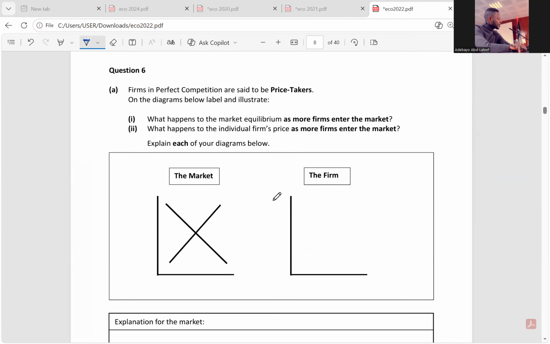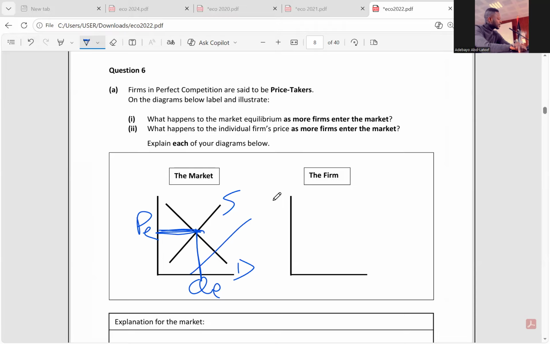As more firms enter the market, the supply curve will shift rightward. That's the first thing. So this is at equilibrium: PE, QE, demand, supply. As more firms enter the market, the supply curve will shift rightward from S to S1. So we're going to have a new equilibrium price at P1, and this will be at Q1.